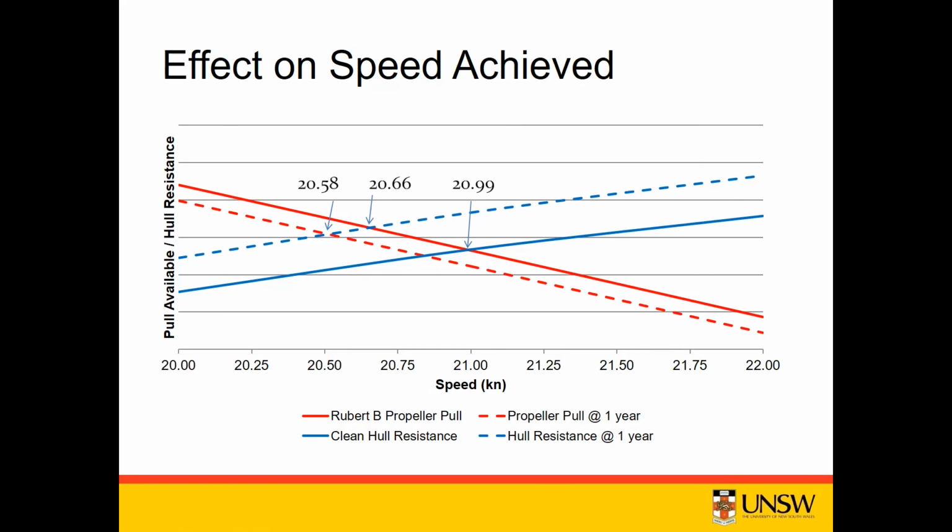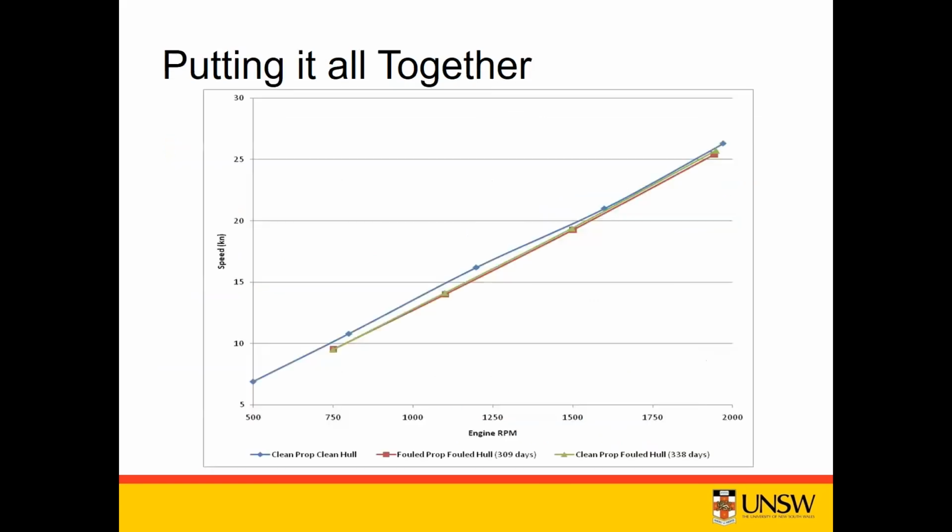It was very interesting to see that if you look at the effect of fouling, this distance between there and there is bigger than this distance between there and there. So the effect of fouling on the hull has a larger effect on the overall performance than fouling on the propeller itself, although they both contribute. Putting all of that together, we found that this was the engine RPM for this particular vessel.